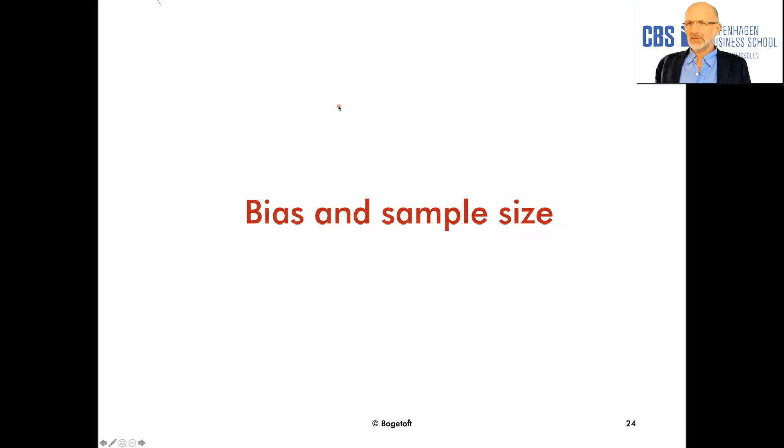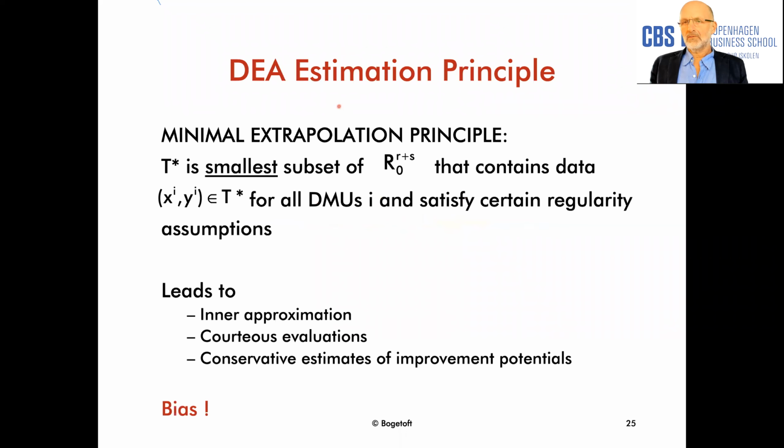Okay, so first the bias and sample size. Remember that the way that we estimate the technology is as the smallest subset of input-output space that contains all the data we have, and that fulfills a certain minimum of regularity assumptions. Assuming that those regularity assumptions hold in the real world, then what we're creating is an inner approximation of the technology.